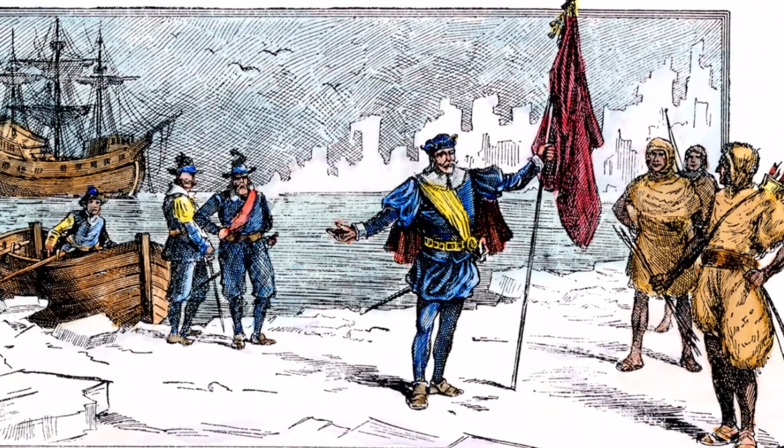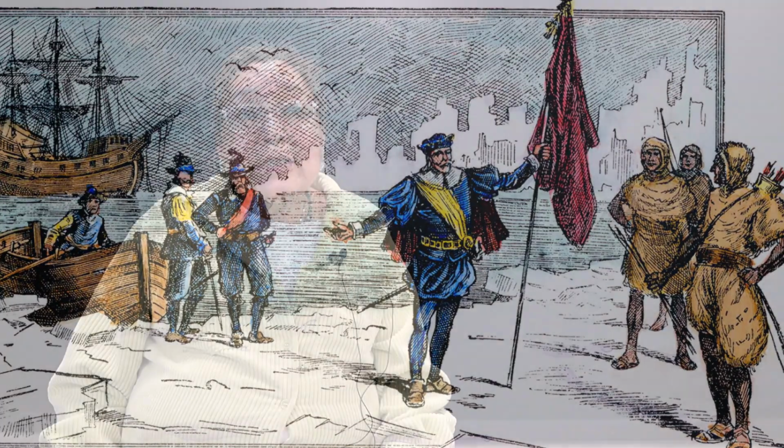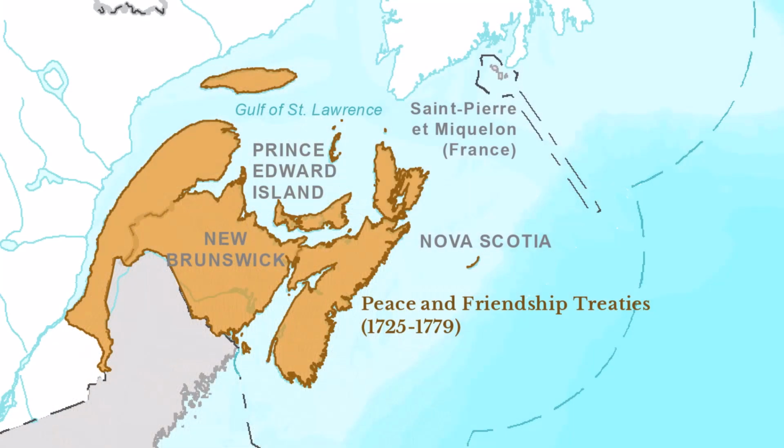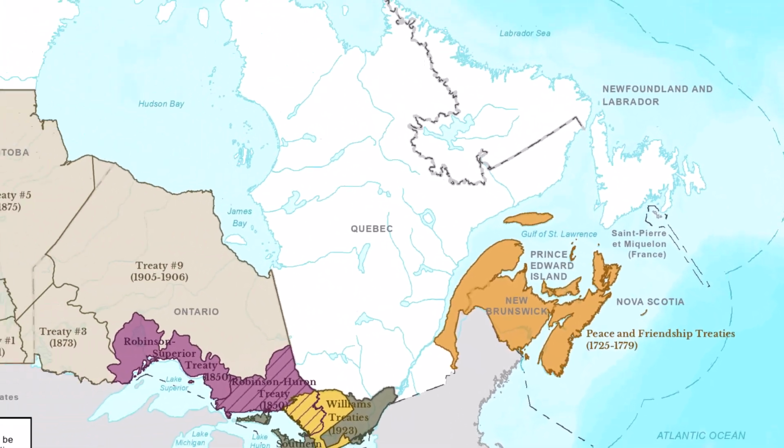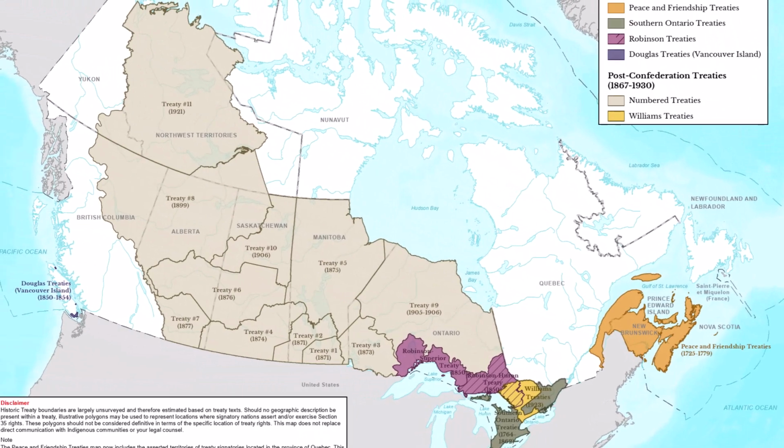So at that time, they were making treaties with the First Nation tribes down on the eastern part of what is now Canada. When Canada became a country, when it was created, July 1st, 1867, the western part of now Canada was still occupied by many First Nations.